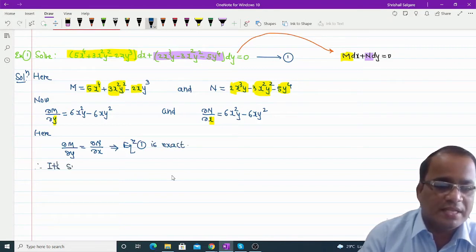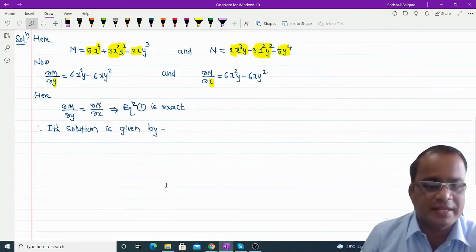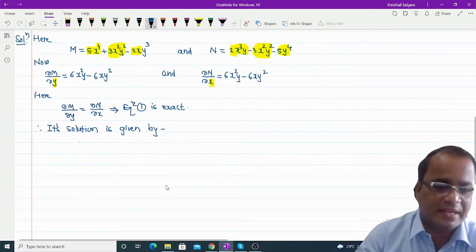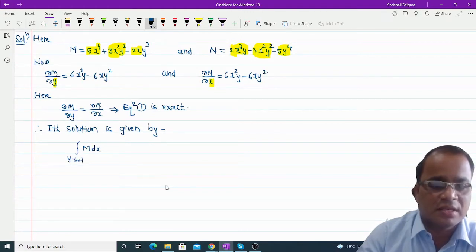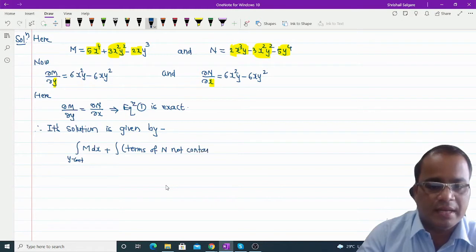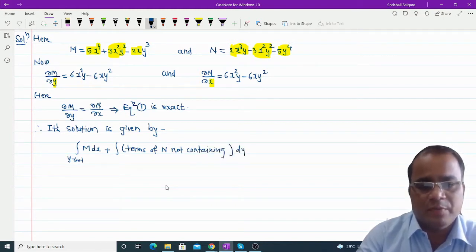Therefore, its solution is given by the formula. Anyone can recall what is the formula? Integration of M dx, treating y as a constant, plus the terms of N not containing x, equal to some constant of integration. Again I am telling you, every time try to write the formula; it should be by heart.